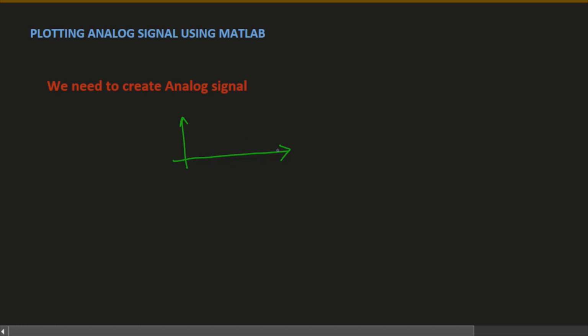This is a continuous wave, or analog wave. Whenever we take this kind of sinusoidal wave, we will have two axes: the x-axis, which will usually be time, and the y-axis. Now x of t is sine t.